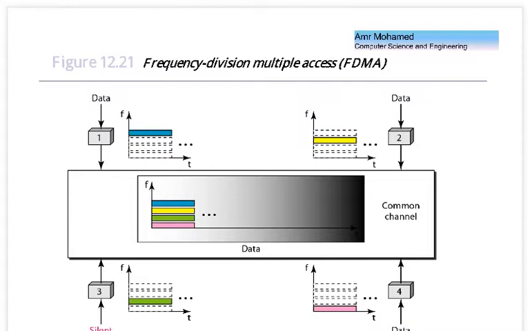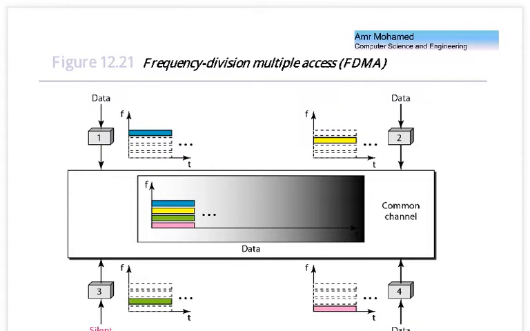So each node, okay, will have a transceiver or a transmitter and receiver which is capable to transmit or to receive data within a specific frequency range.